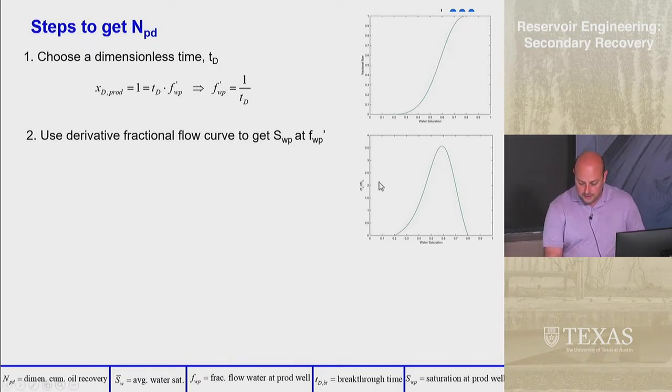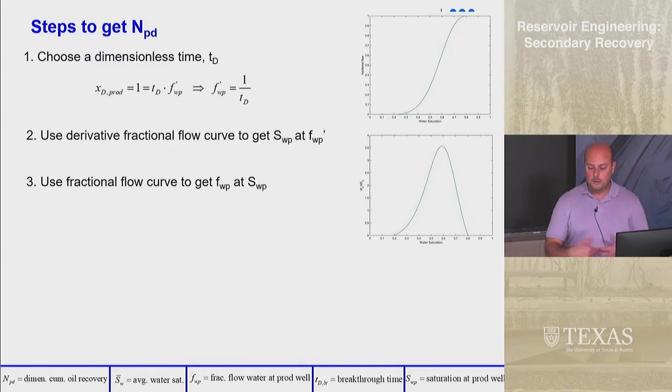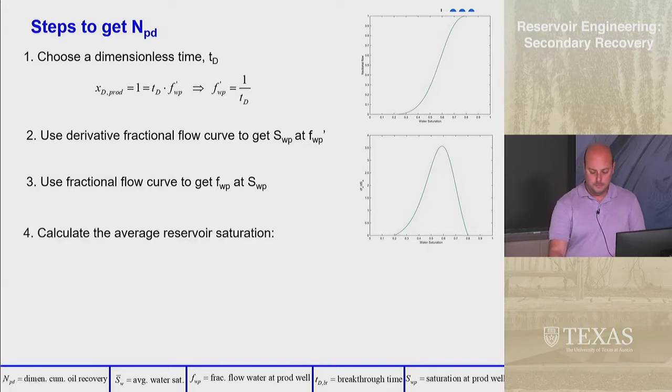If this was 1, you'd come over here and go down, and you would get something between 0.3 and 0.4. Now that you have SW at the producer well from this curve, you go up to the top curve, which is the original fractional flow versus water saturation curve, and at that same saturation you come up, go across, and you find FWP.